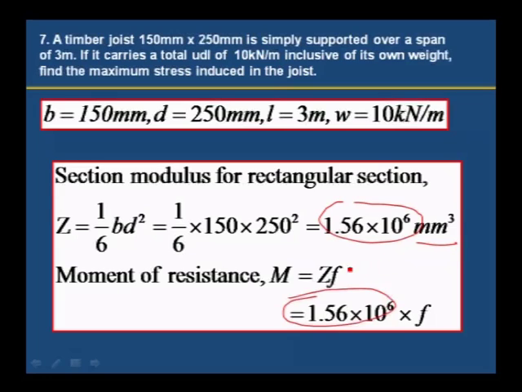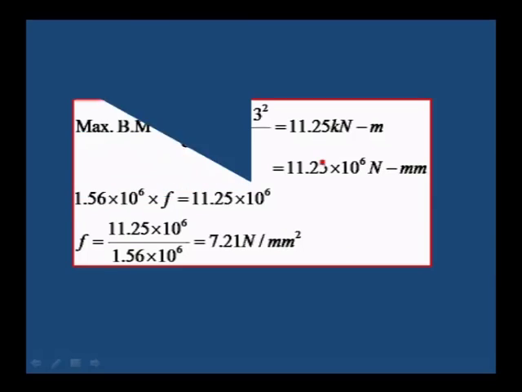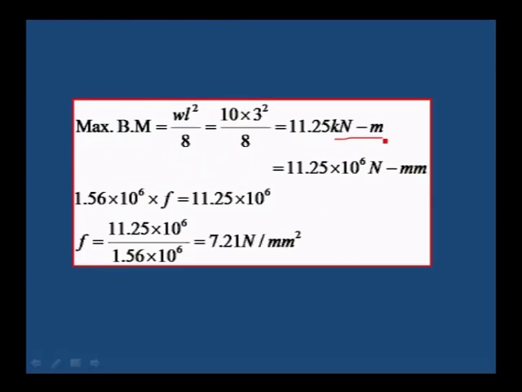Converting the mm cube into meter cube is difficult. Instead of that, it is better to convert kilonewton meter into Newton mm. Here M is equal to Z into F. Z value is in mm cube and 11.25 into 10 to the power of 6 is in Newton mm. Therefore, you will get the answer in Newton per mm square.